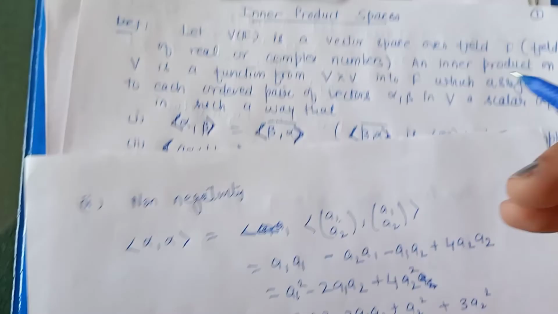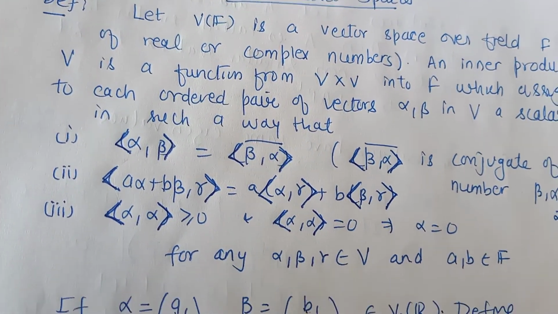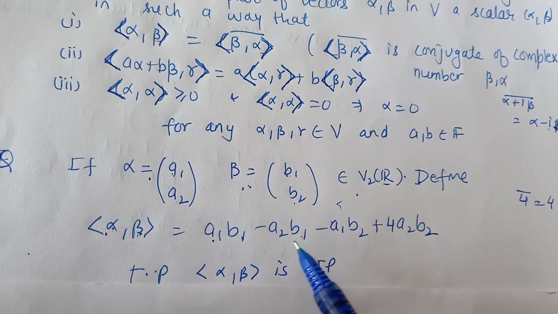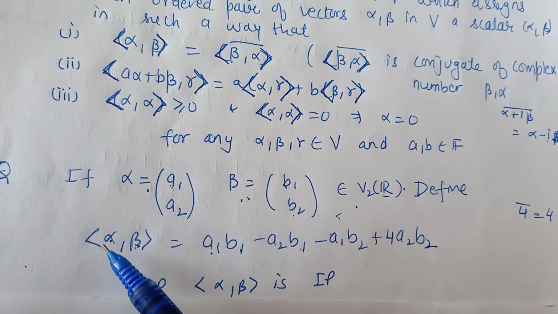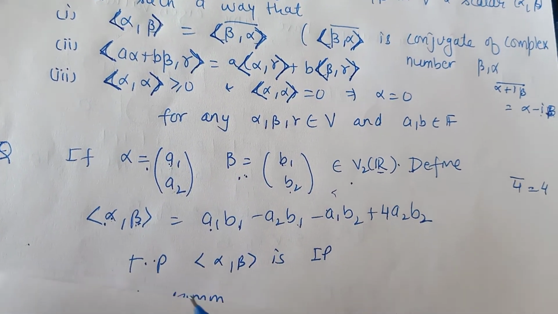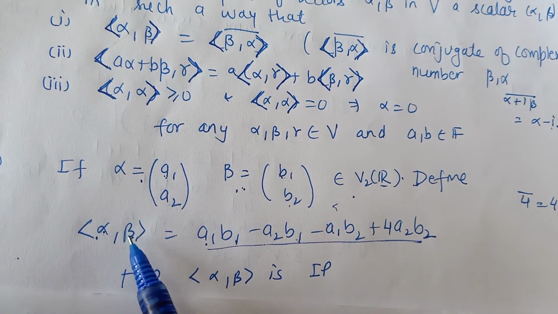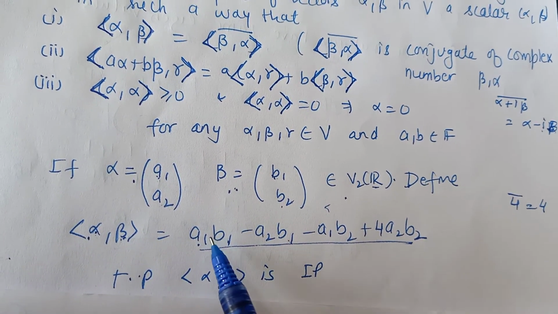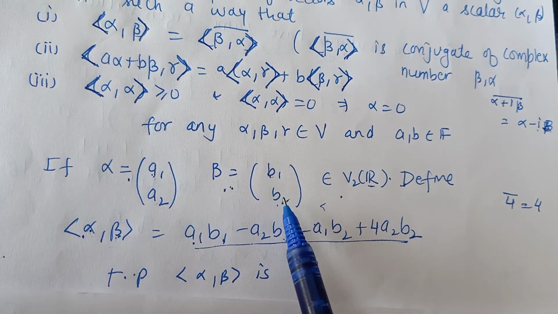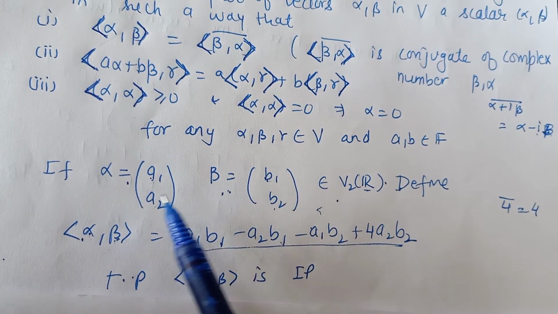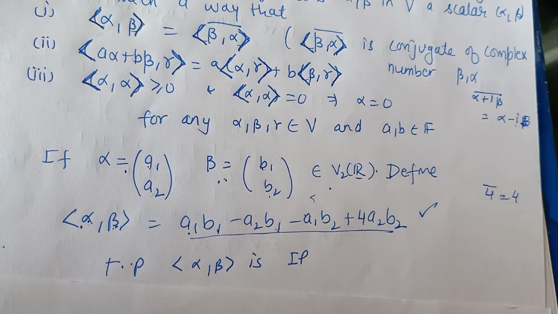So we have proved all the properties for this vector space, for the inner product that we defined. So we can say that this inner product, which takes two vectors to the product of first coordinate with first coordinate of the second vector and so on, is an inner product space.